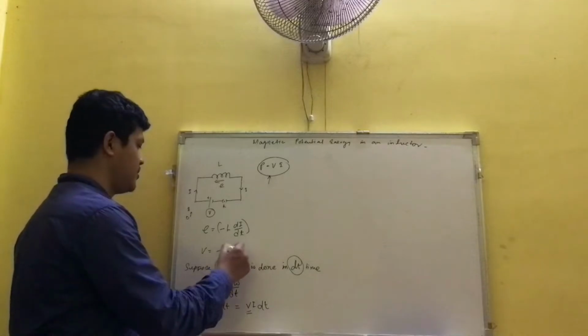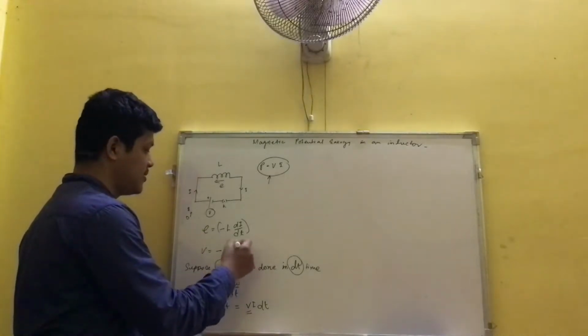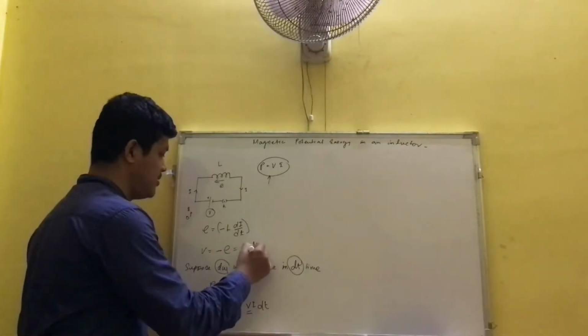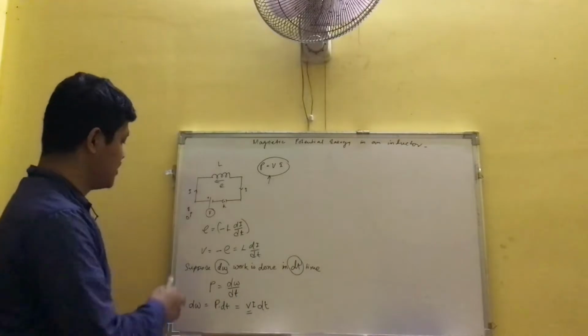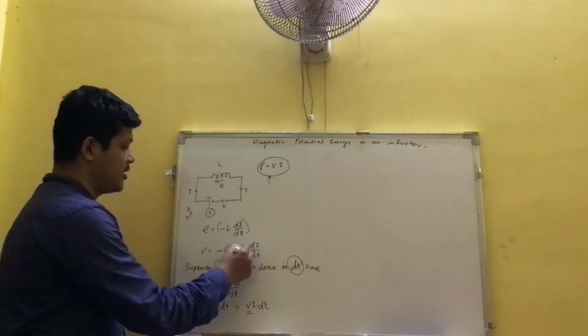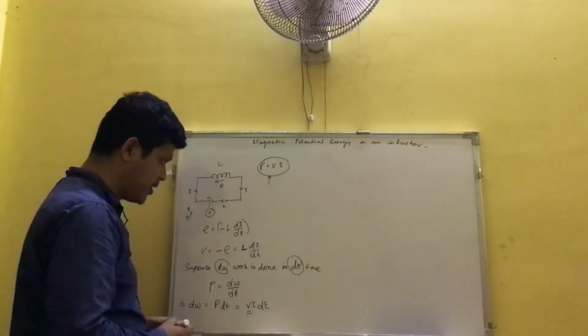Then this minus becomes plus, and you will get L di by dt. So V can be directly replaced by this value, L di by dt.